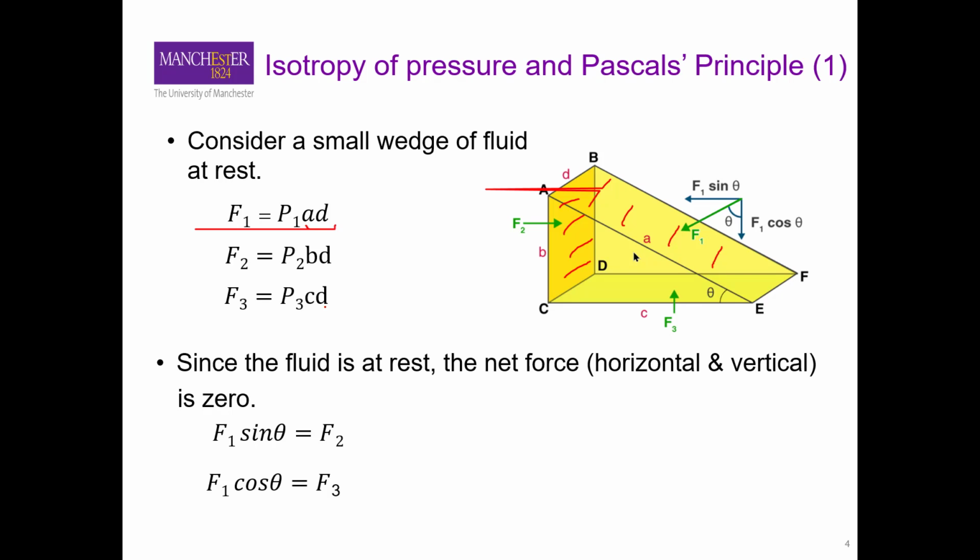Okay. So we know that when a fluid is at rest, the net force on that fluid should be 0. So it means that the horizontal and vertical forces are equal. So we can write the vertical projection of force vector F1, that is F1 sine theta, should be equal to F2. And similarly for F1 cos theta, that is the horizontal projection of force vector F1, we can write F1 cos theta is equal to F3. Okay.